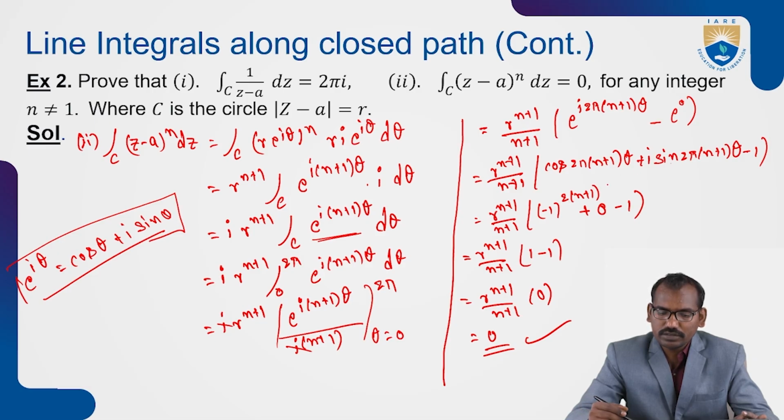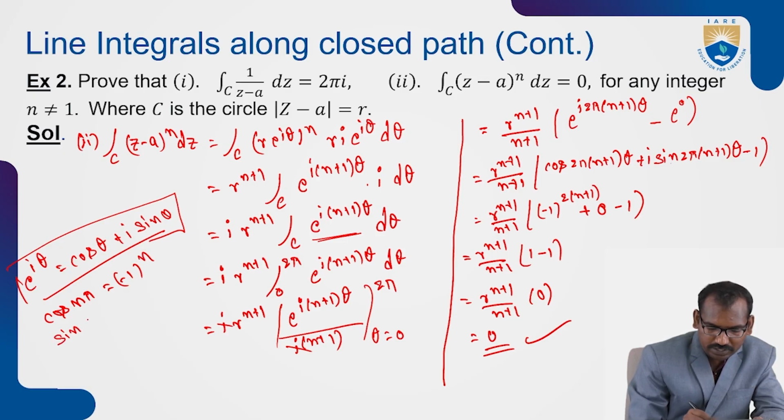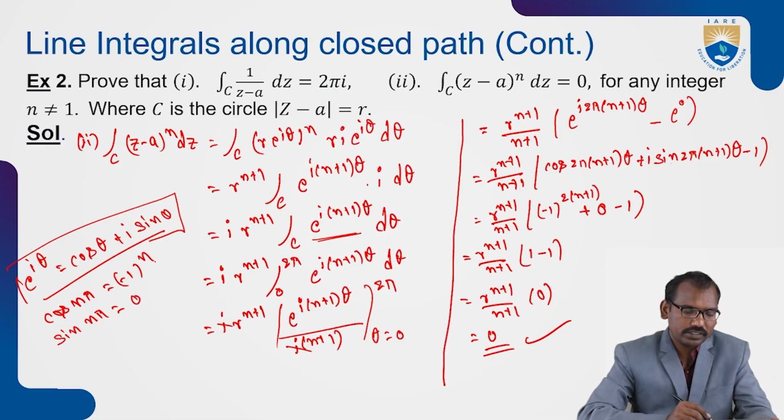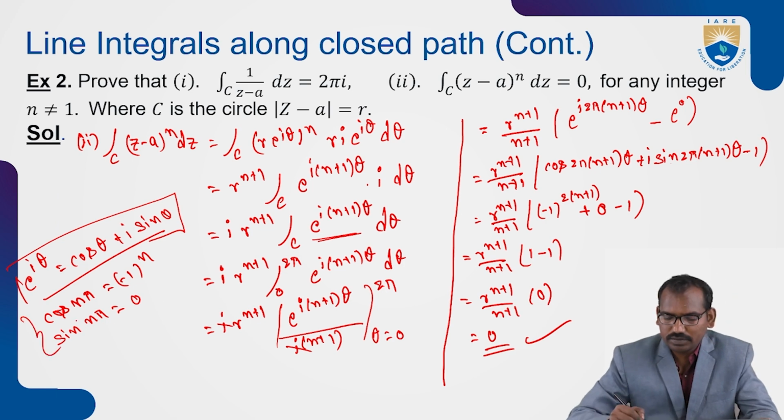So for cos of pi multiples, we know the formula cos n pi is minus 1 power n. Similarly, sin n pi is always 0 for every integer. We have used these, and we showed this result.